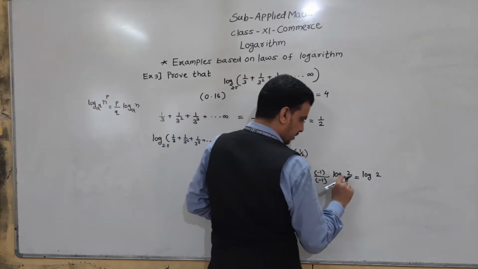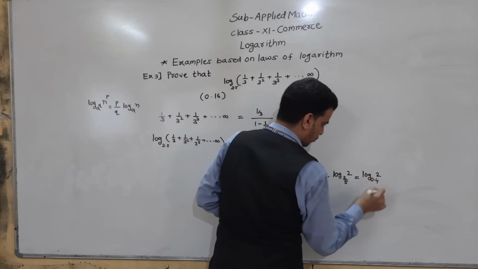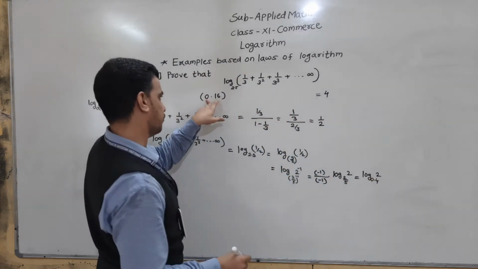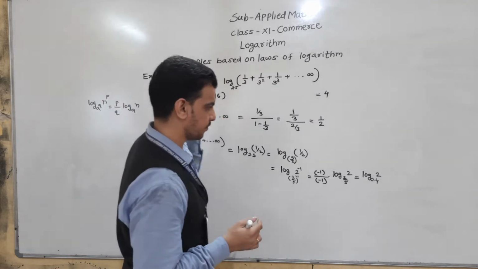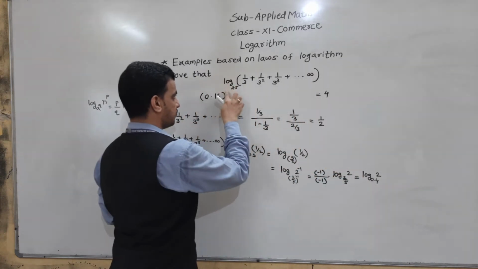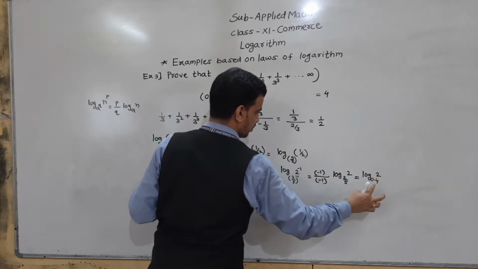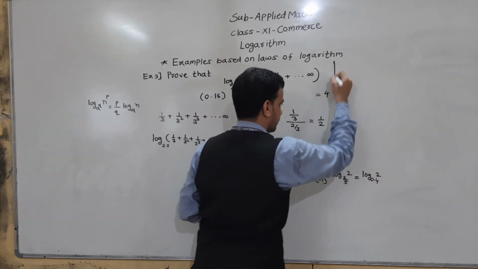If we write in decimal, that is 0.4. Okay, why do we write 0.4? Because here 0.16 is 0.4 square. So the value of this total is log 2 to the base 0.4. Now we have to further simplify this.